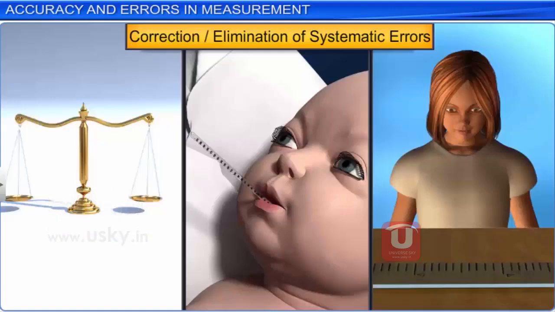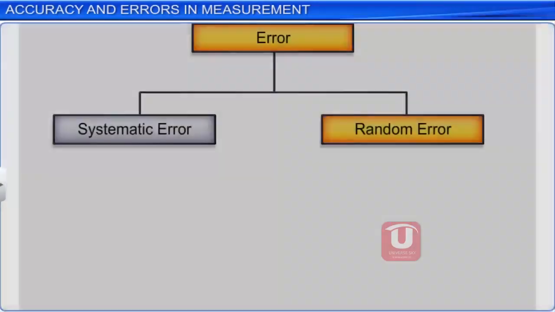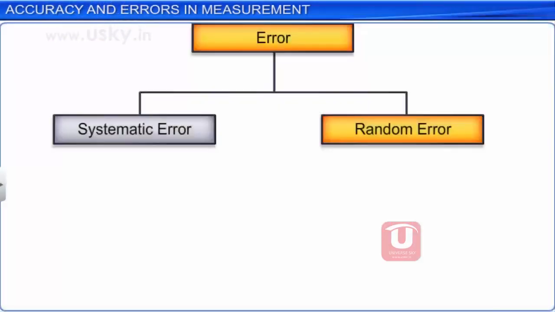Random errors are akin to what they are called: random. These errors vary in terms of sign and size. That is, they can be either negative or positive and the quantum of error varies in absolute terms.